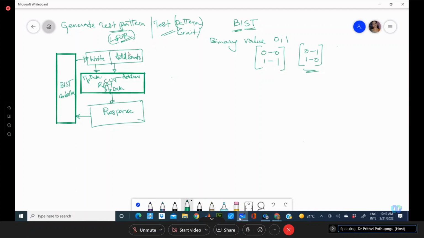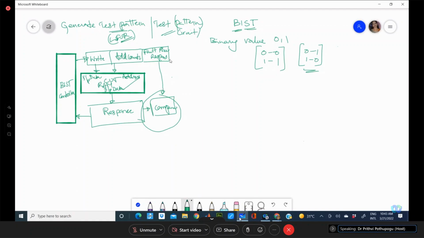If you store the fault-free response somewhere and compare it with this response, this will tell you whether the circuit is properly working or not.